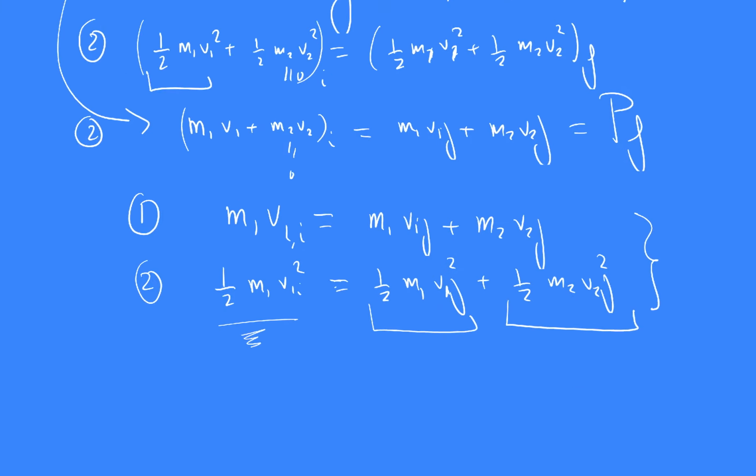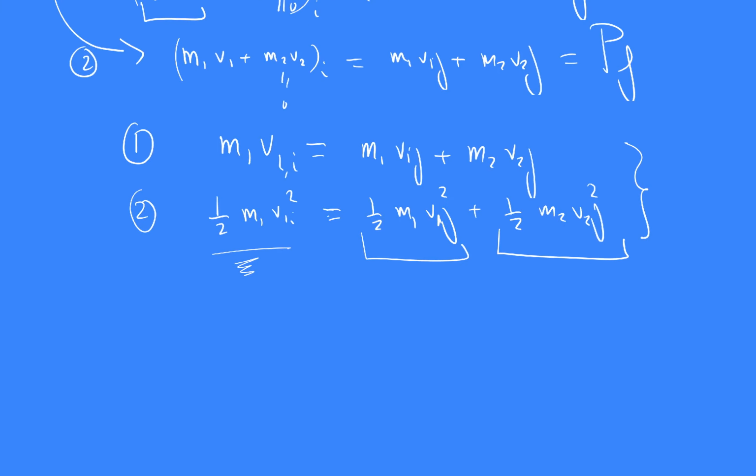The solution was, if I remember well, the final velocity of object 1 and the final velocity of object 2 in terms of the initial velocity of object 1, v1i: v1f equals (m1 minus m2) divided by (m1 plus m2) times v1i.